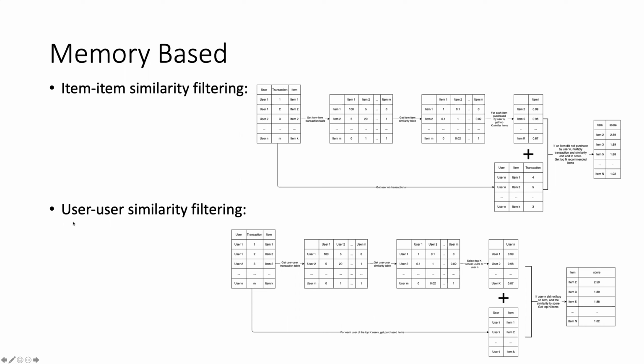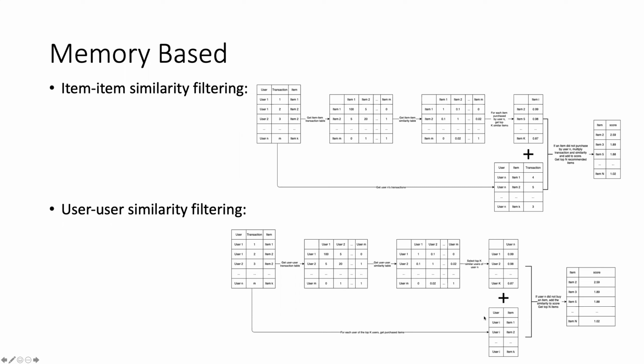Okay, and then for the user-to-user similarity, is it similar? Based on this transaction, we can get the user-to-user relevance, I would say a user-to-user purchase of similar products matrix. Based on that, we get the user-to-user relevancy. Then for one user, we get its similar users.